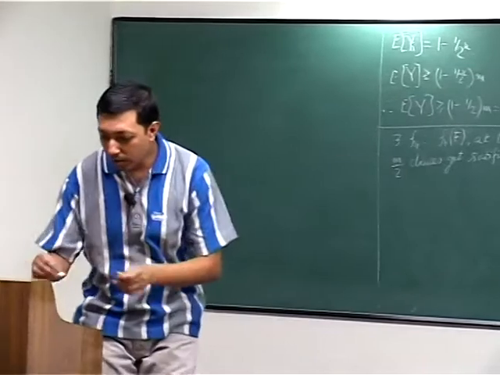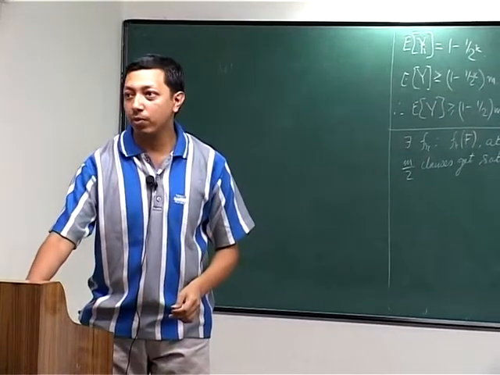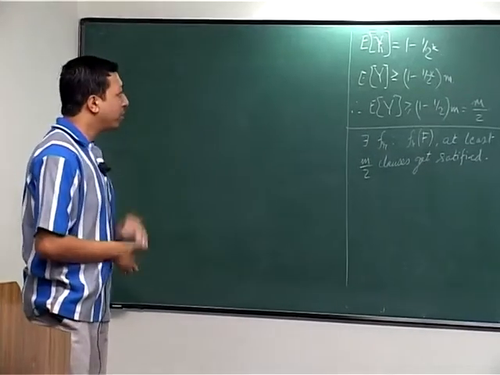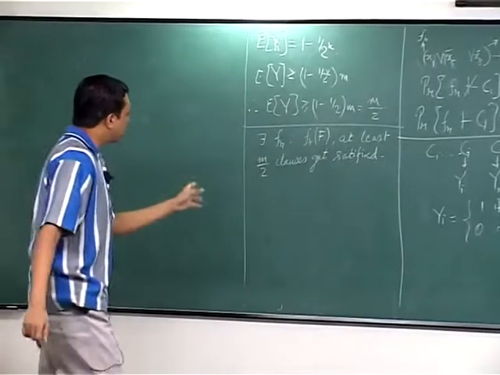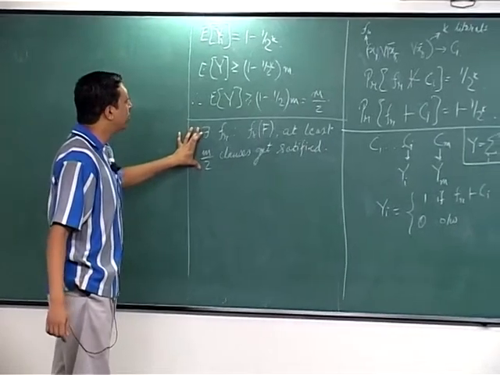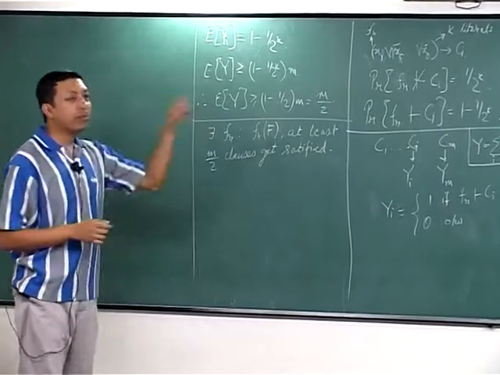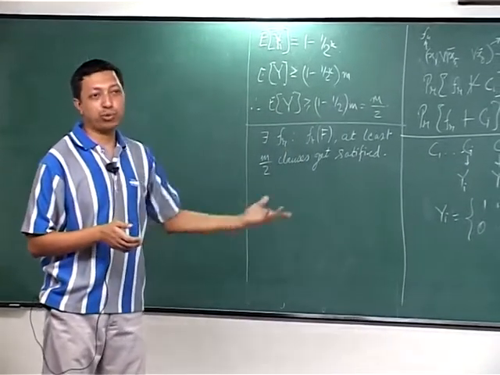Okay, so far so good. So what does it mean in terms of an algorithm? What it means is, this is like an existential result, but you could translate this into a randomized algorithm just by executing the proof.